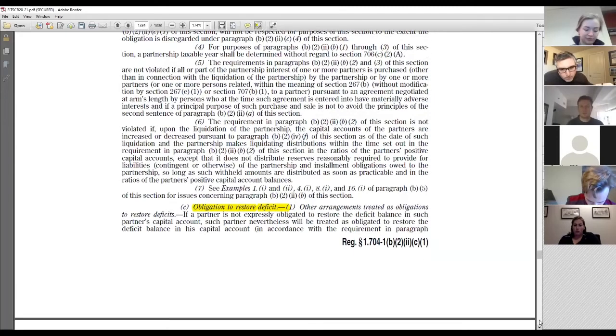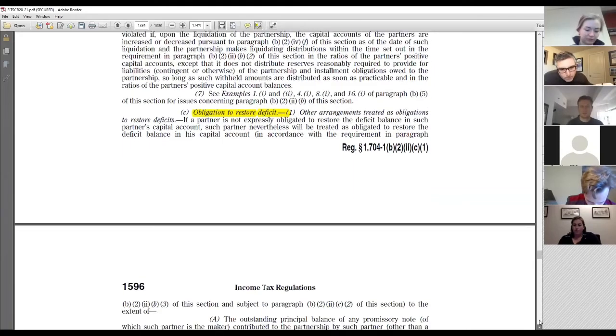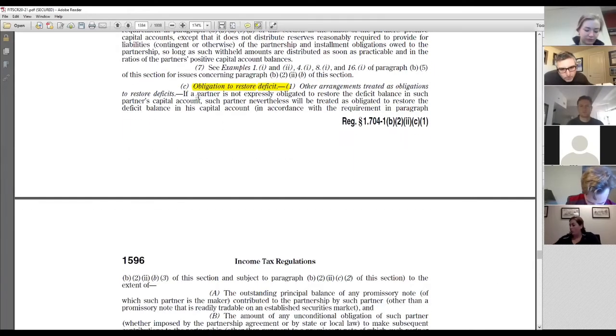notwithstanding that. So it says, if such partner is not expressly obligated to restore the deficit balance in such partner's capital account, that was the case in 7 or 8, it was just an explicit obligation to restore the capital account. Such partner nevertheless will be treated as having an LDRO to the extent of the outstanding principal balance of any promissory note contributed to the partnership by such partner.